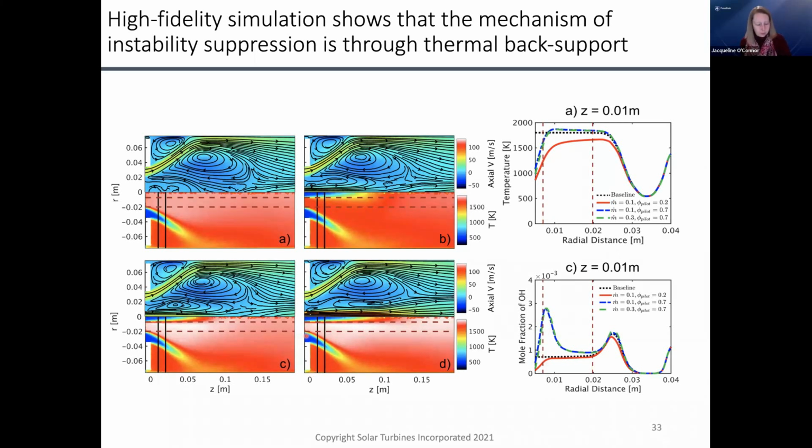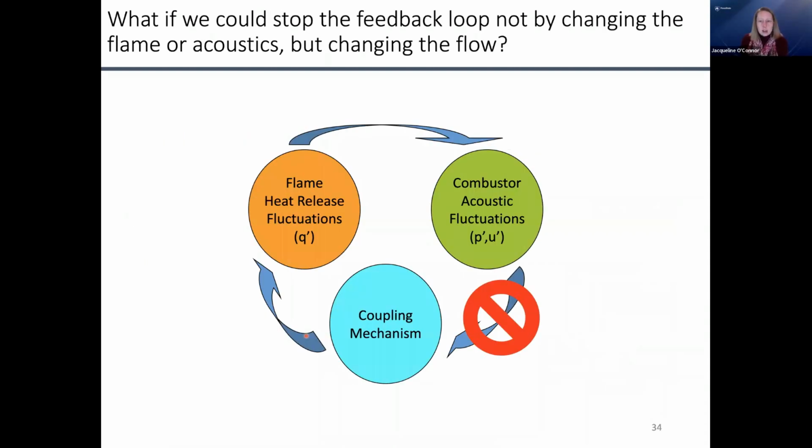Okay, in my final 10 minutes here, I want to talk about one last way of suppressing instability. The methods that I've mentioned so far are ones you see in industry all the time. Most gas turbines, lean premix type systems will have acoustic resonators on them.